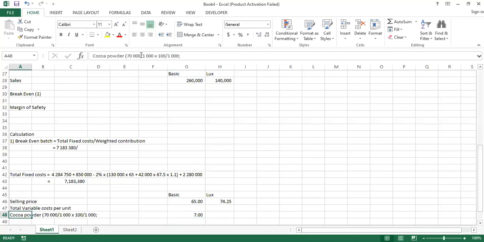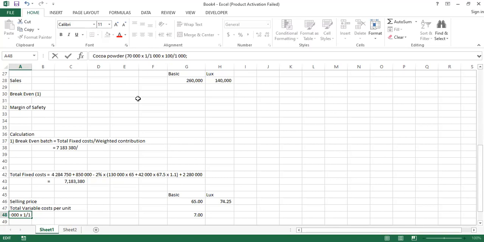So let's just say times 1 there, which is 1 ton. But if we are converting a ton to kgs, we need to reduce it, right? In this instance, we'll have to make it 70,000 times 1, and then divided by 1,000.